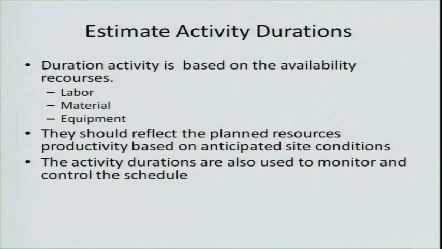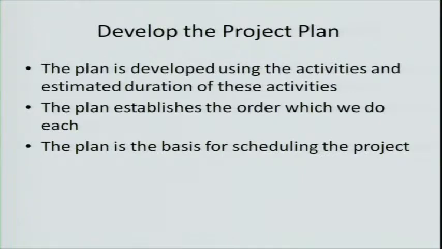Or, I can't have my finishers on 2 different pours on the same day. Okay? And then these activity durations are also used to monitor. We know it's supposed to take 10 days, so if it took 11 days, we know something's wrong. If it took 6 days, we know something's right. It helps us monitor getting these durations.